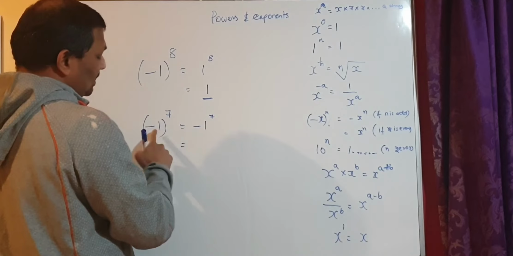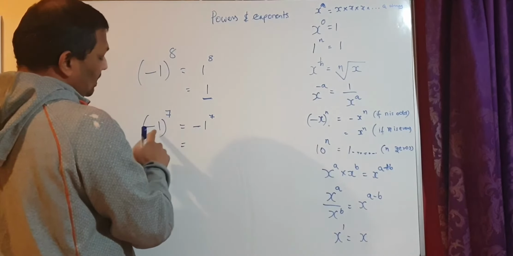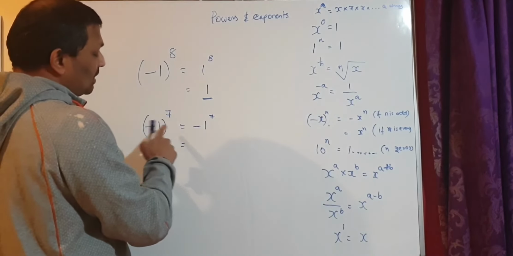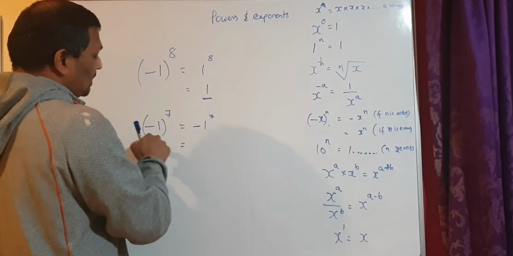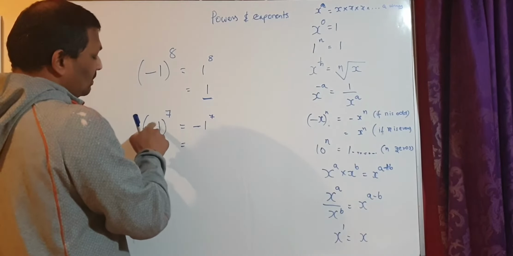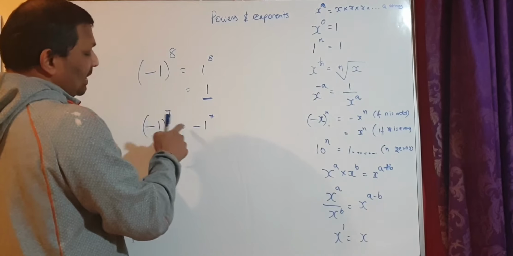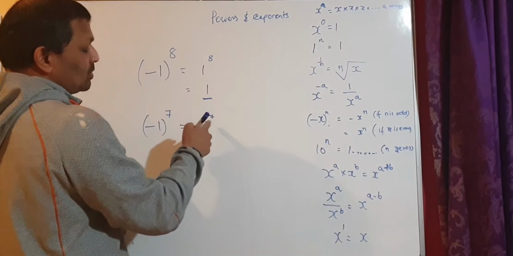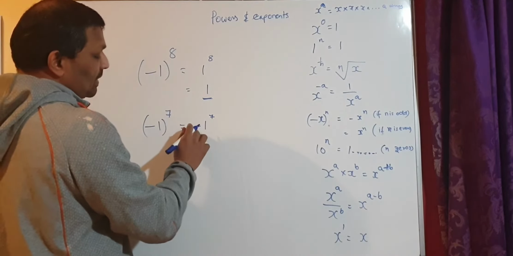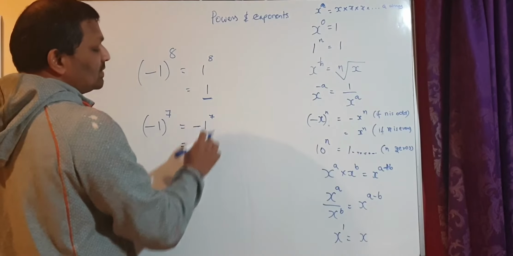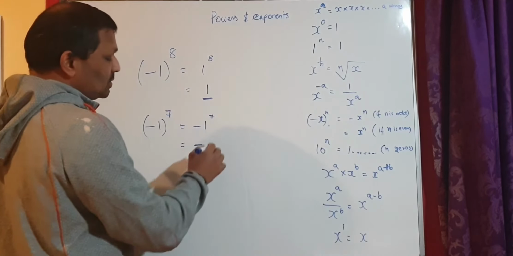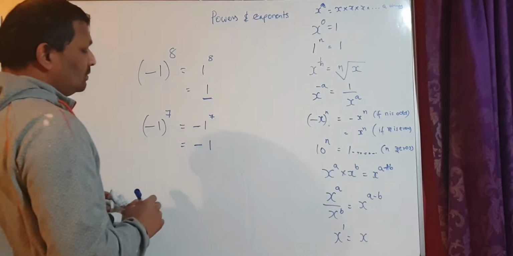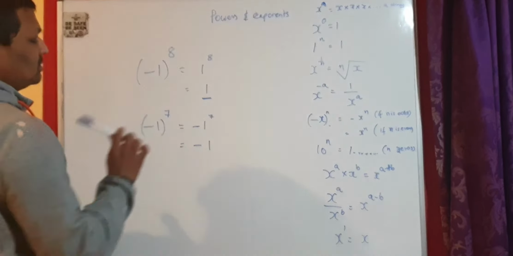Here you are seeing minus 1, here also minus 1. But the only difference is that the bracket is a whole. The minus is also under the bracket. Here the minus has come out. There is no bracket as such. In such a case, the minus will remain as a minus, and 1 to the power of 7 is 1. So the value of this one is minus 1.